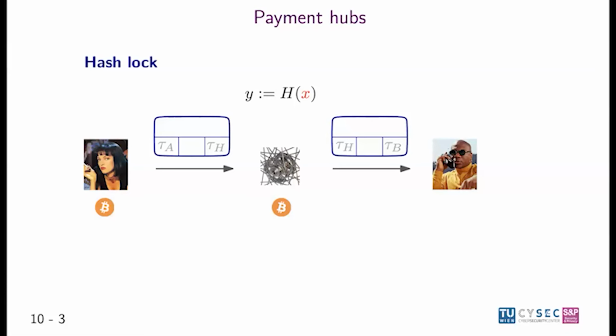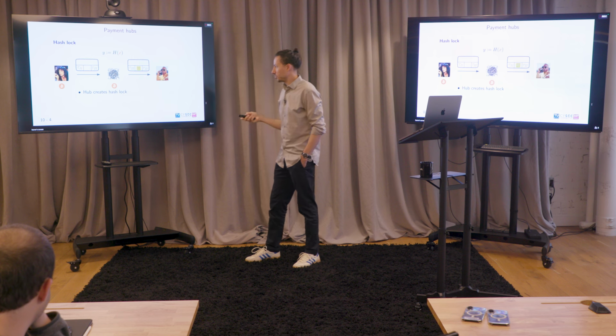So what the payment hub does is it chooses a random value x and it hashes it to get y, and then it can encode into this transaction the value y and say that you can only take this transaction if you know a preimage, right? So now this secret x needs to be known to take this transaction. And now I argue that you get atomicity by the following protocol.